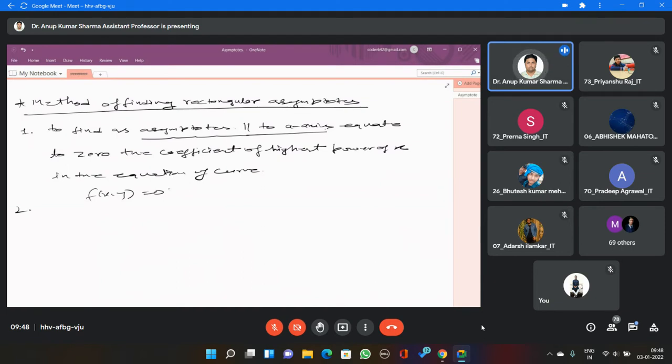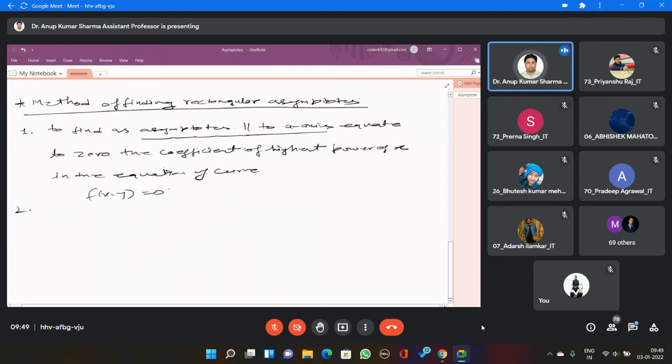That coefficient may not only be a constant term but may contain the variable y, other variables. So you will get equations like y equal to 2, y equal to 4, y equal to some constant value, which is parallel to the x-axis.